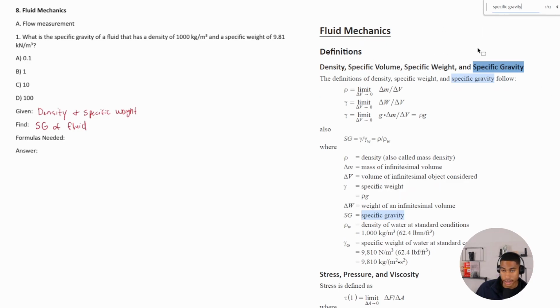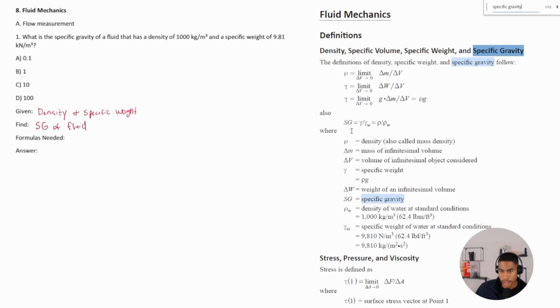That's a good sign because that's what we're currently doing. All right, so it says SG is equal to the density or the unit weight over the unit weight of water, which is equal to the density over the density of water.